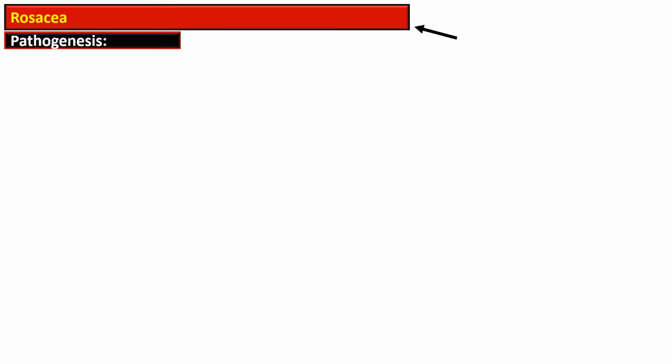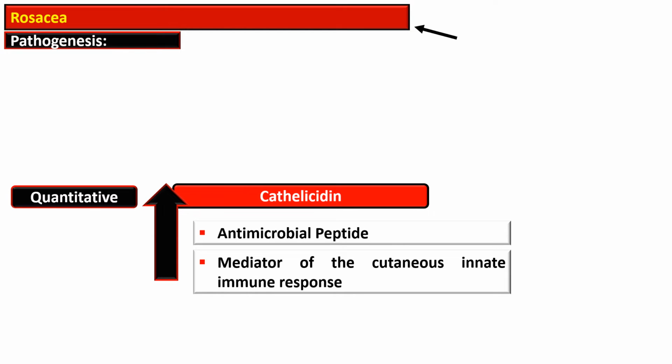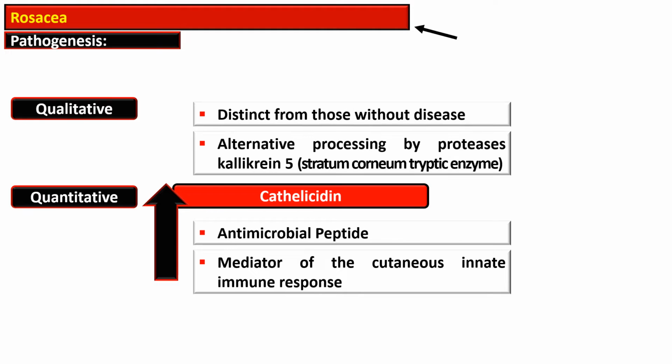Both qualitative and quantitative disturbances in cathelicidin are seen in patients with rosacea. Cathelicidin is an antimicrobial peptide and is a mediator of the cutaneous innate immune response. The individual with rosacea have an increased cutaneous level of cathelicidin. This antimicrobial peptide is qualitatively different in affected individuals. It is produced by alternate processing by proteases kallikrein 5, that is also termed as stratum corneum tryptic enzyme.